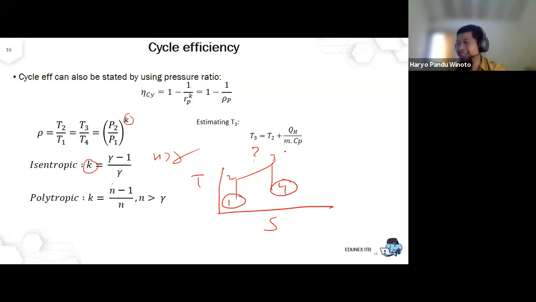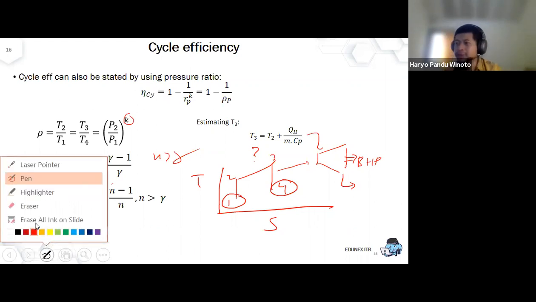We only record the brake horsepower from a dynamometer or other equipment. Only that. We are really blind during real operation. So how can we estimate? Because we need it in order to find the fluid horsepower, isentropic work or polytropic work. How to find it? Simple.